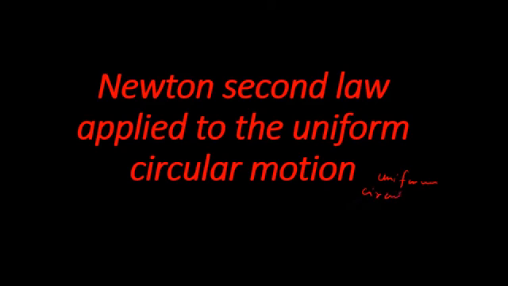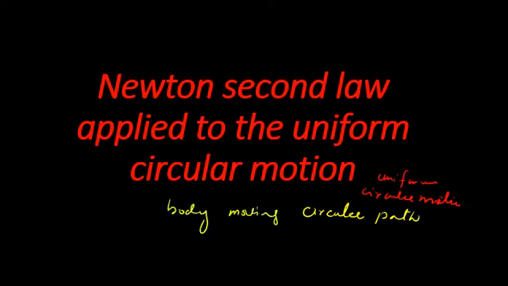Uniform circular motion is that motion in which we consider a body or particle moving in a circular path with constant speed. Okay, a body moving in a circular path with constant speed is called uniform circular motion.